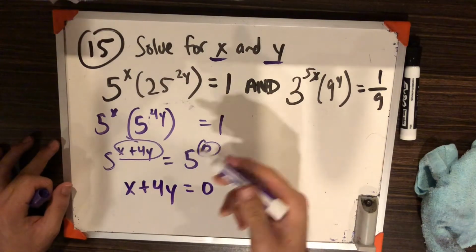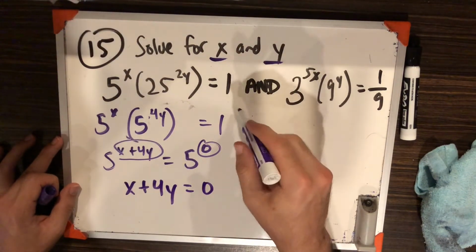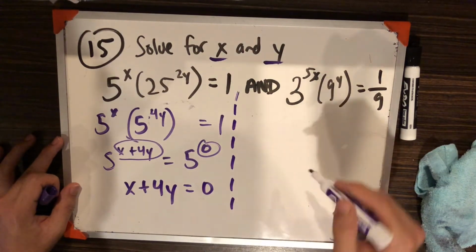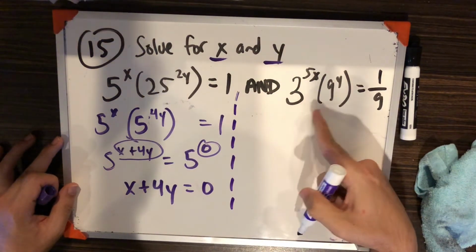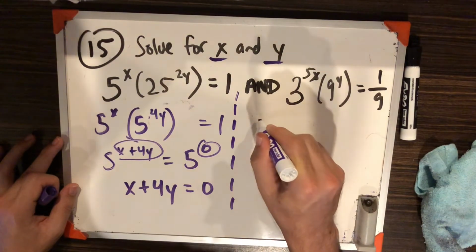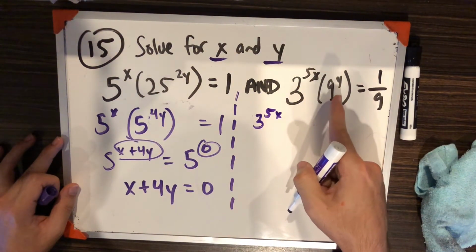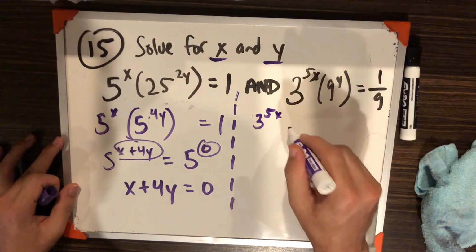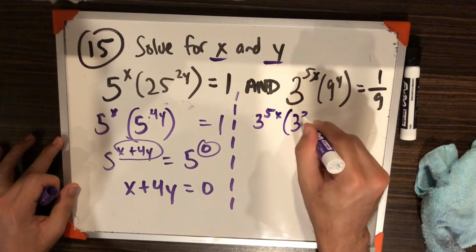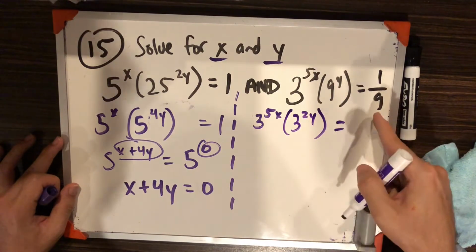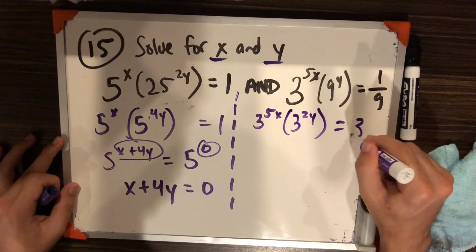So again, we're going to do simultaneous equations here. Let's move on to this. I'm looking for a base of 3. So 3 to the 5x power. Let's change this to 3 to the 2 power, which is 3 to the 2y power, is equal to 1 over 9. How about we change that to 3 to the negative 2 power?